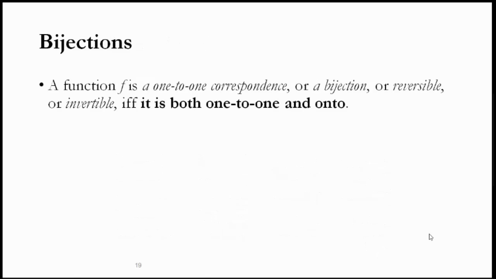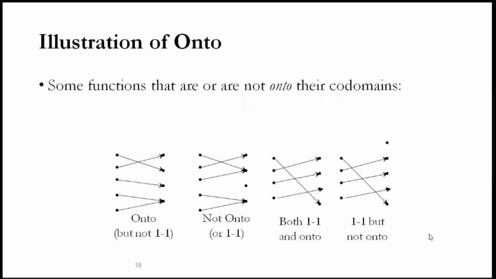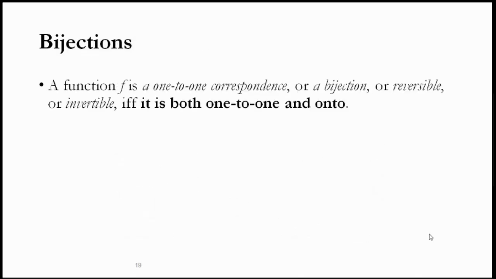Now we will see the bijection. A function f is a one-to-one correspondence, or a bijection, or reversible, or invertible, if and only if it is both one-to-one and onto. If it is both one-to-one and onto, then we can call that particular function reversible or invertible or bijection.